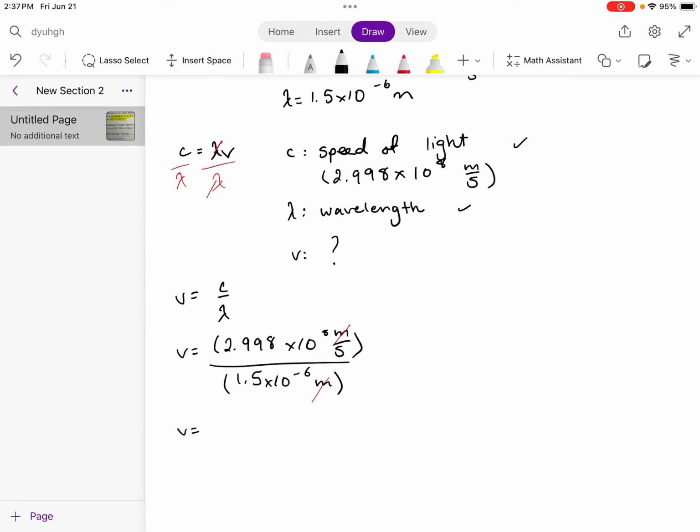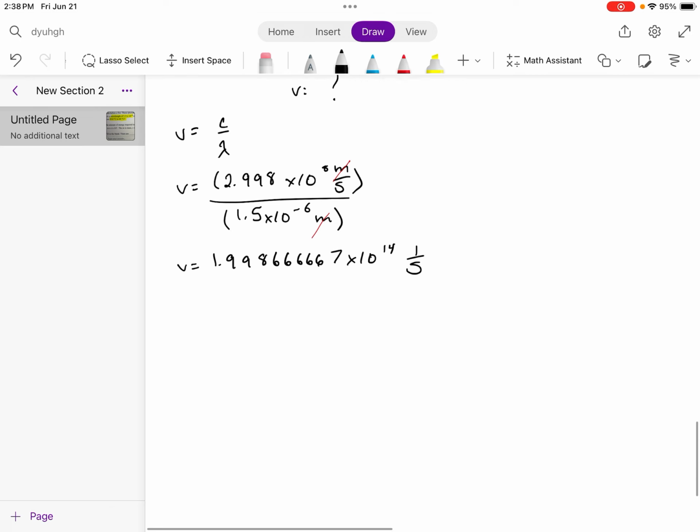So good. And just put that into our calculator. And then frequency, okay, good.